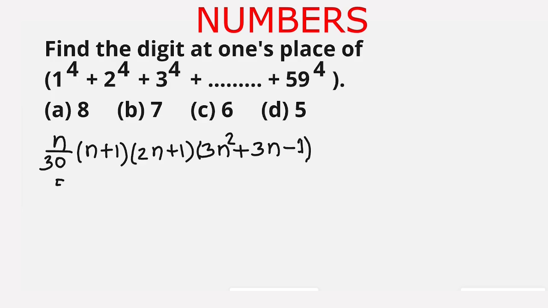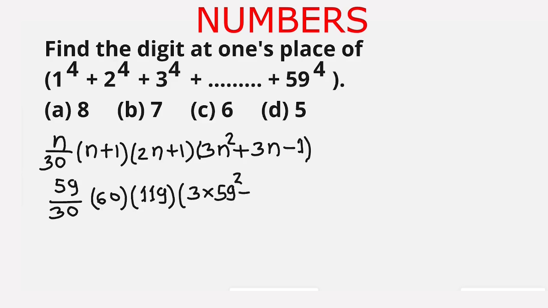So I write 59 upon 30 multiplied by n plus 1, which is 60, multiplied by 2n plus 1, 2 times 59 is 118 plus 1 is 119, into 3 multiplied by 59 square plus 3 multiplied by 59 minus 1.